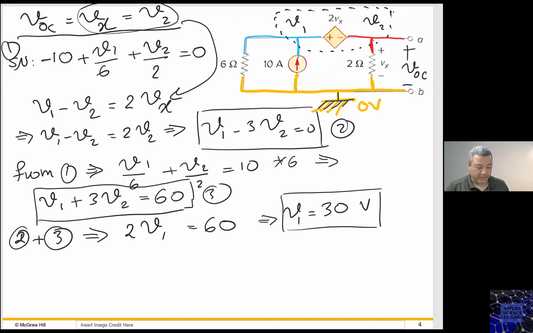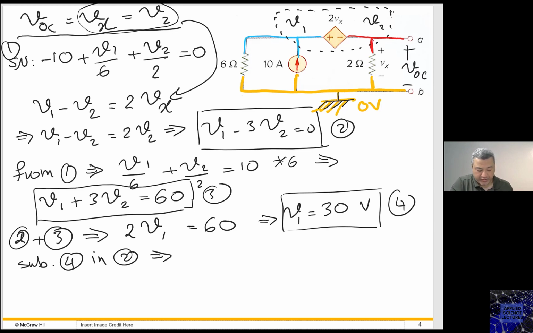I need V2, which is the open circuit voltage. Now, if this is 4, you can substitute 4 into 2. What do you get?